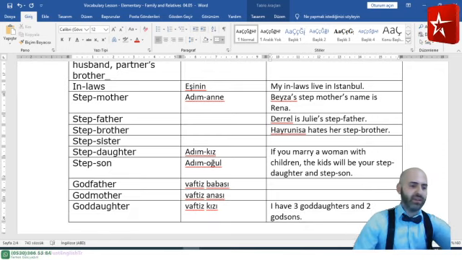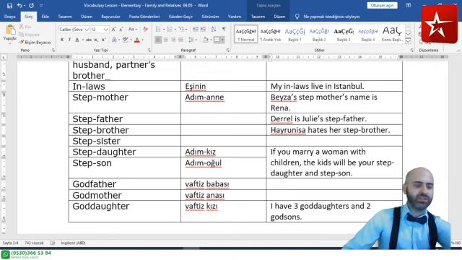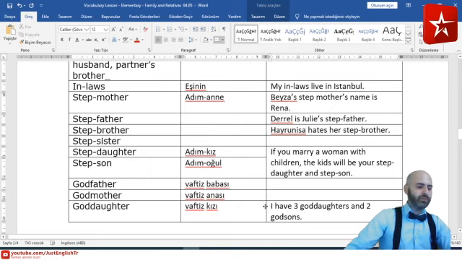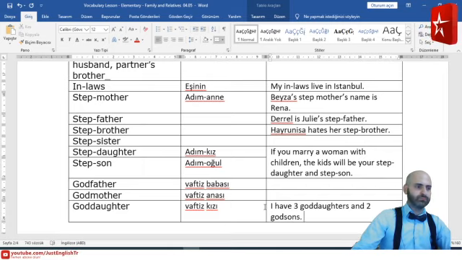Guys, do you have the same thing in Turkish culture or no? I'm not sure if you use the same thing. Please, can you tell me if you understand the meaning and if you have the same thing in Turkish or no?